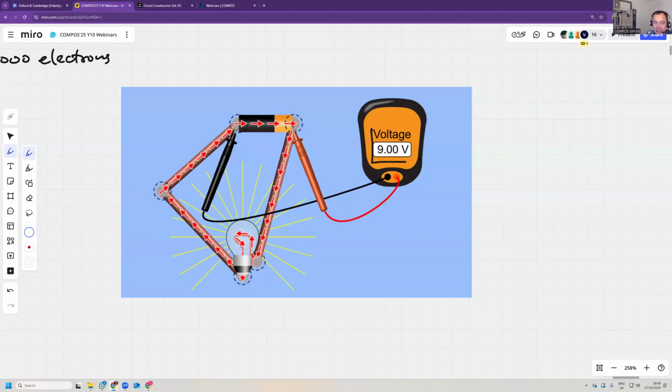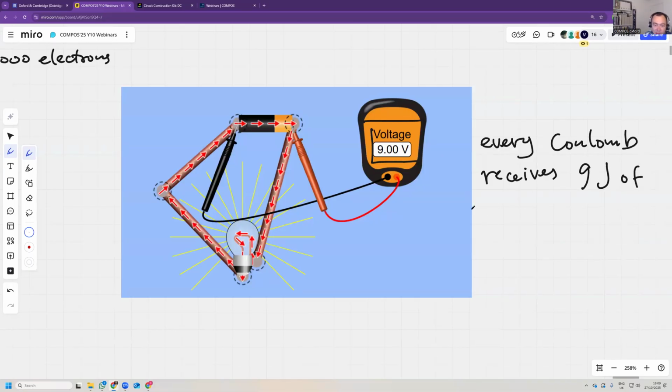And the difference in that energy is 9 joules per coulomb. Every coulomb receives 9 joules of energy as it passes the battery.